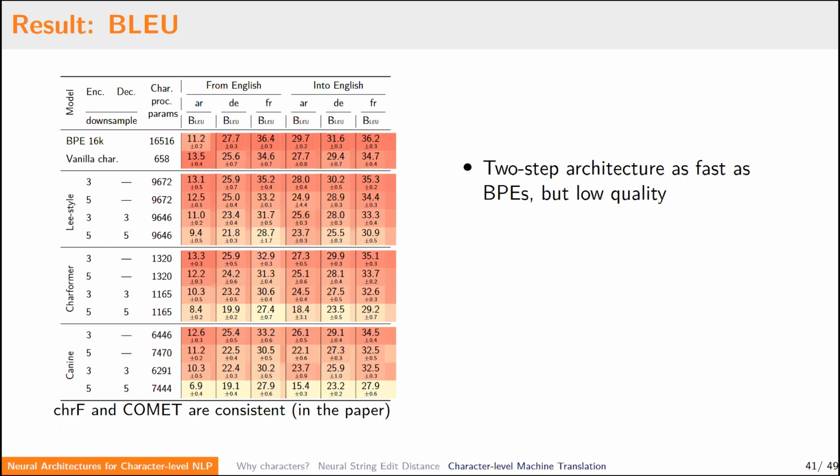If we compare the different languages, the only language where the character-level models were better than subwords was Arabic, and in all the other languages, the subwords are always slightly better than characters, and the best character-level architecture uses the old shrinking method in the encoder and directly characters in the decoder.